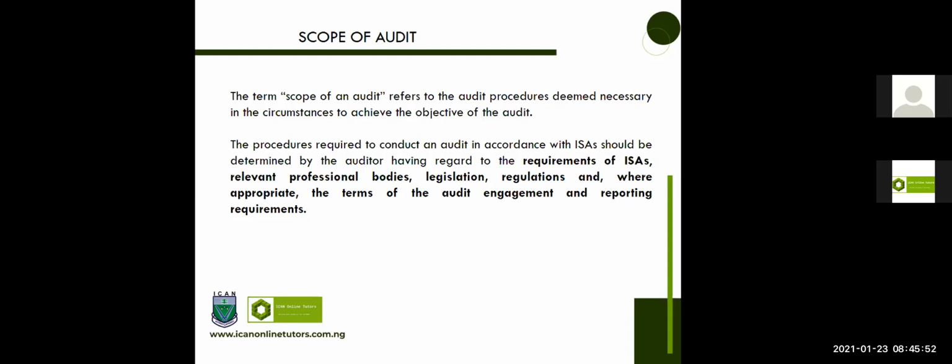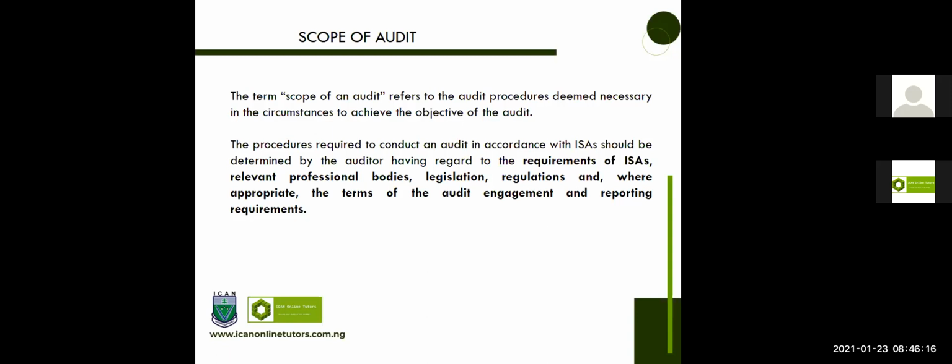Having regard to the requirements of the ISAs, the relevant professional bodies, we have the IFRS, ISAs, and legislation like our Finance Act that just came in 2020, that was effective 2020. So you have to put all of this into consideration.